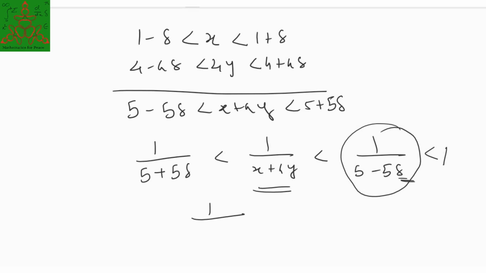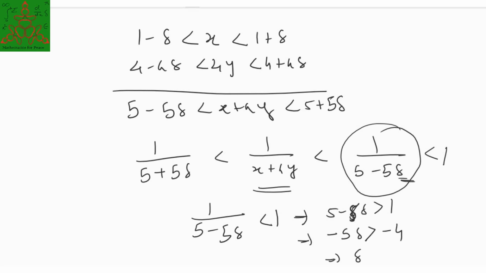So I am taking 1 upon 5 minus 5 delta less than 1. That implies 5 minus 5 delta is greater than 1. That implies minus 5 delta is greater than minus 4. That implies delta is less than 4 by 5.